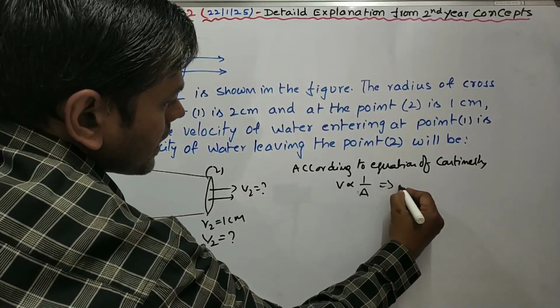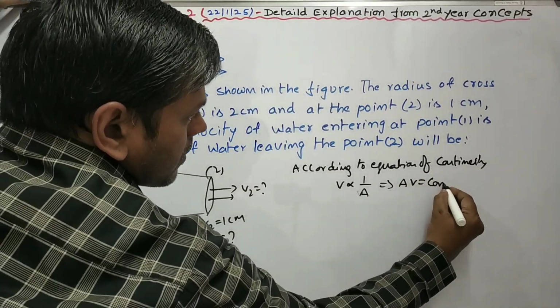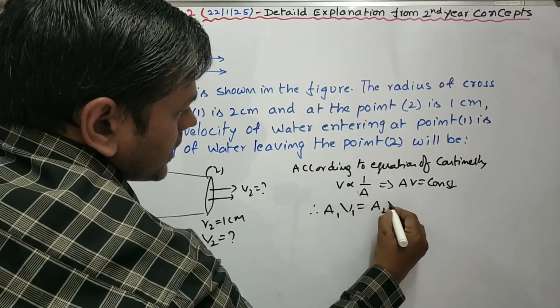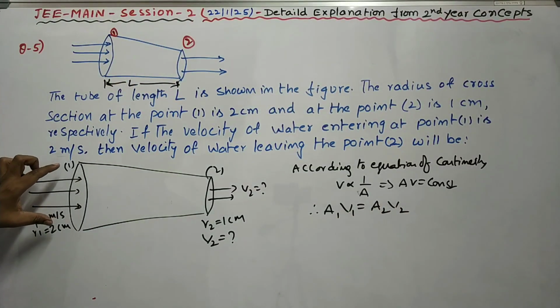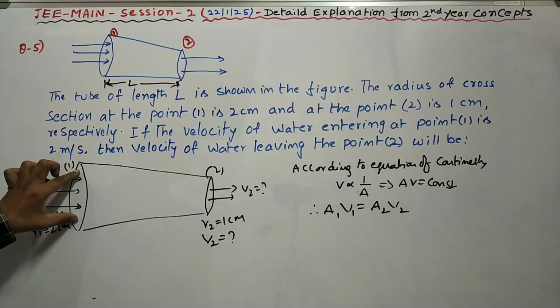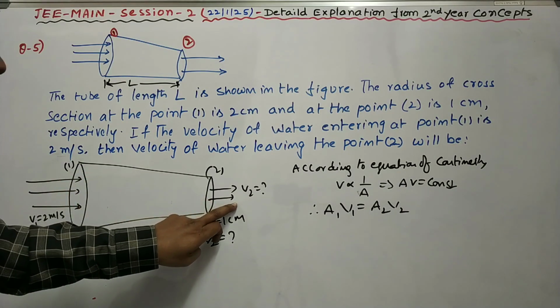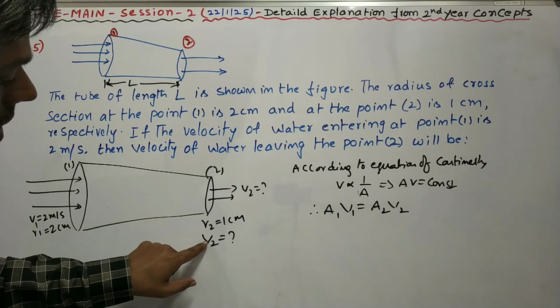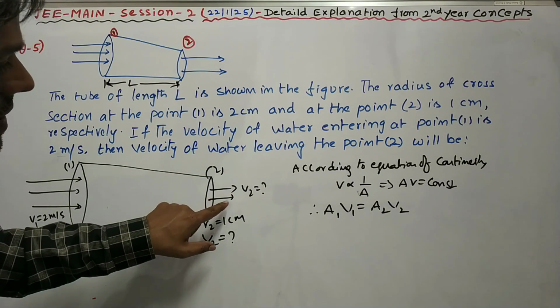That means A V is constant. Therefore, A1 V1 is equal to A2 V2, isn't it? So this is the larger cross section area through which some water enters, and an equal amount of water leaves through the second cross section, which is smaller, so its velocity is more.